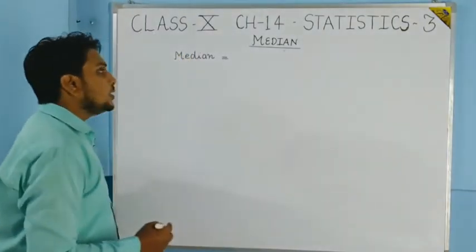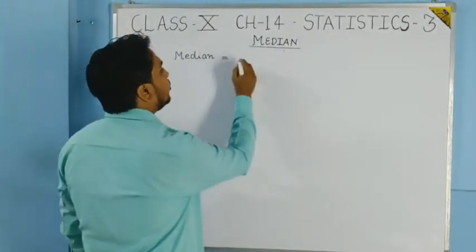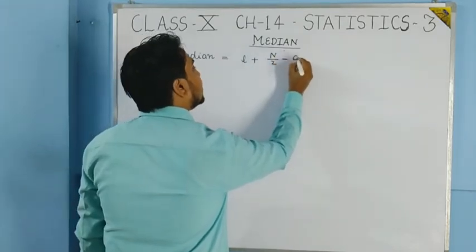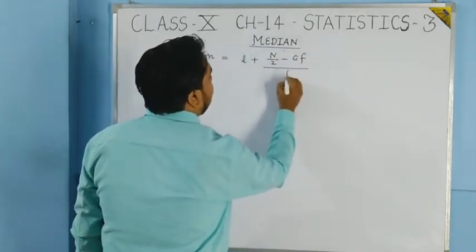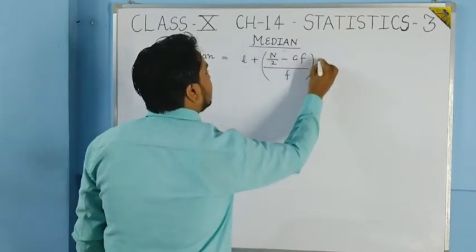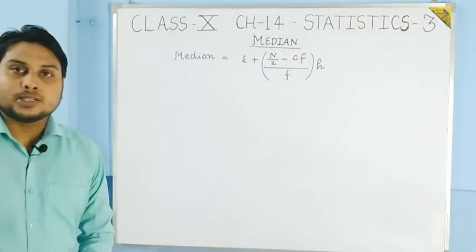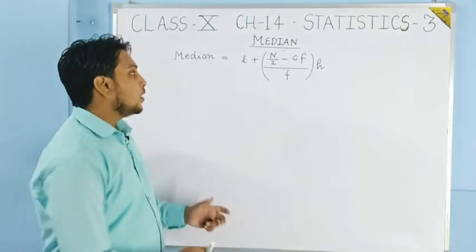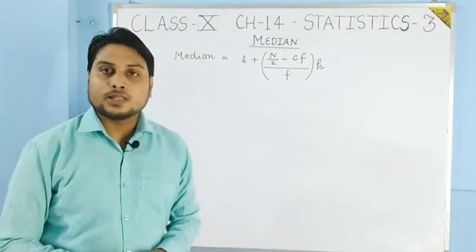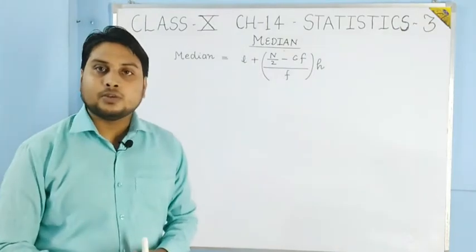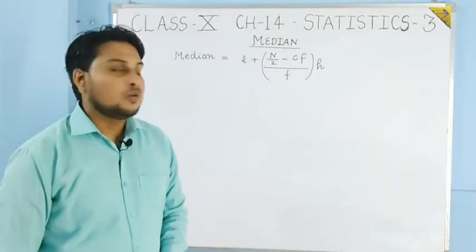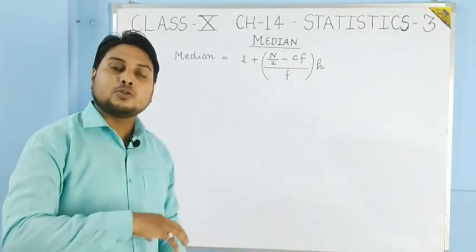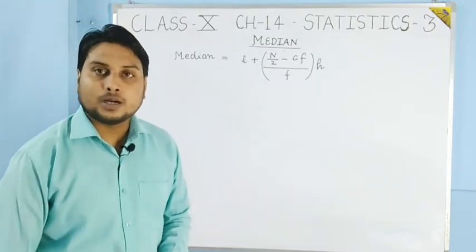The formula is: median is equal to L plus n by 2 minus CF upon F into H. Today we will see only the formula, and in the next part of the video we will solve the question related to it.